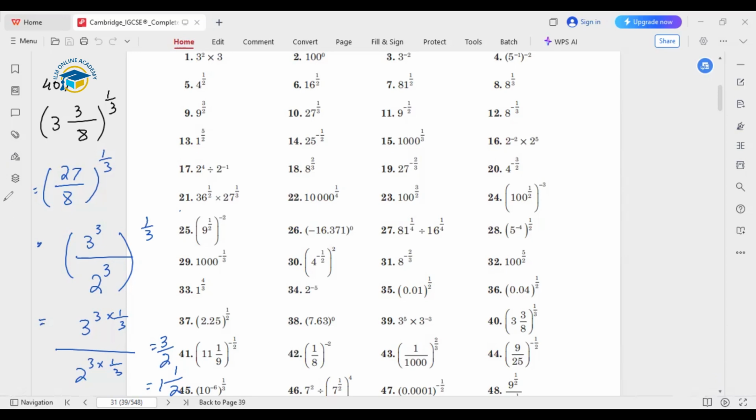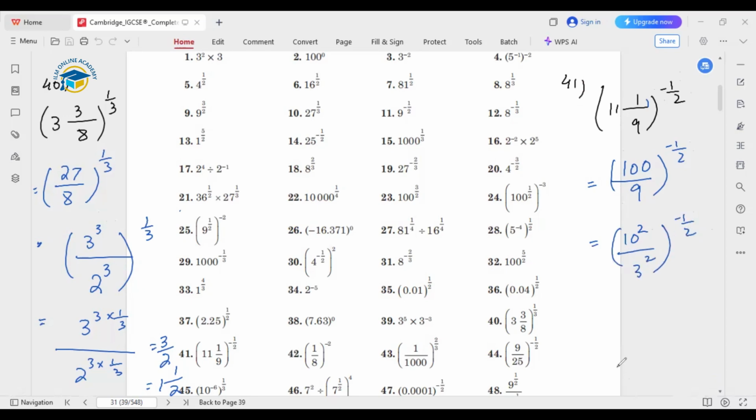Similarly, let's go with part number 41 as well. This one is almost similar, just that they gave us a negative power. So let's see how we will deal with this. Negative 1 by 2. 11 9 times will be 99, and plus 1 will be 100 by 9 raised to the power negative 1 by 2. 100 is 10 square, 9 is 3 square.